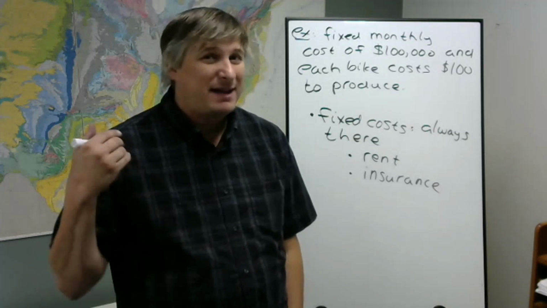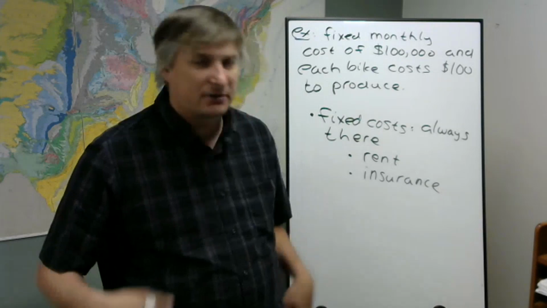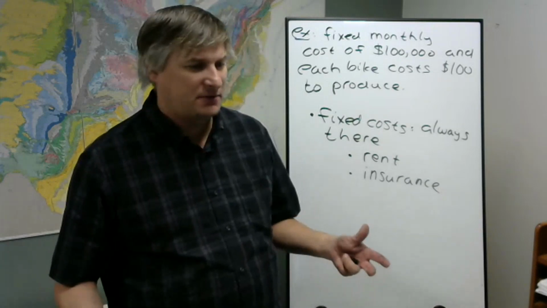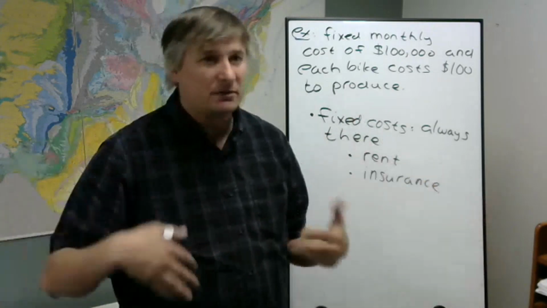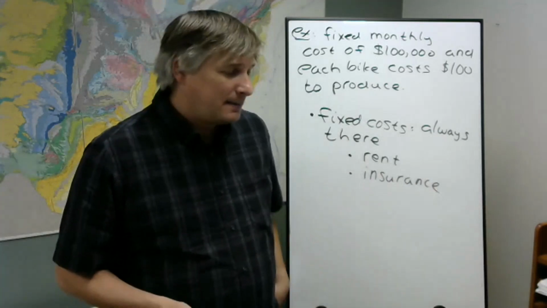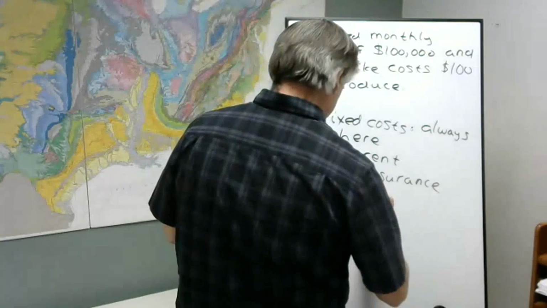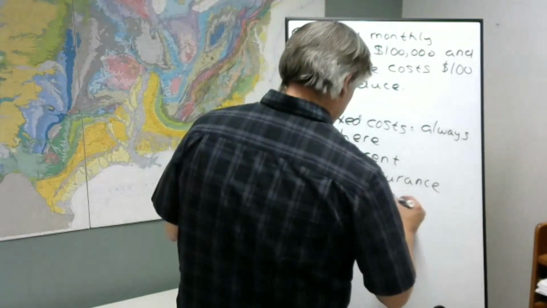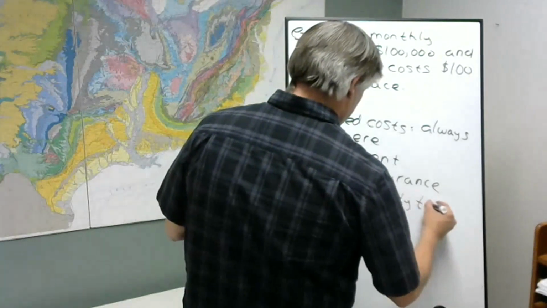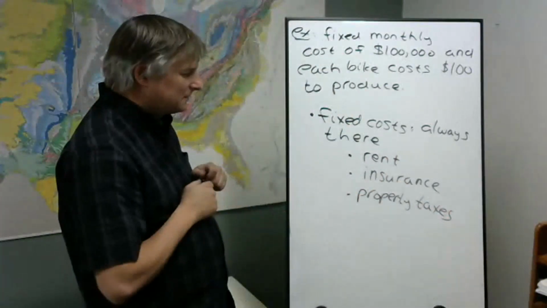If you're paying people by salary, like let's say you've agreed to have a contract, you're going to pay them by salary, and then for a period of time you don't have them come into work, you still have to usually pay their salaries, things like that. Property taxes.